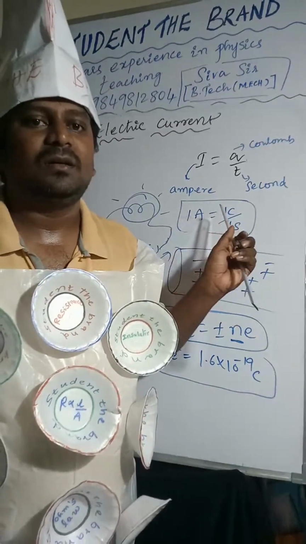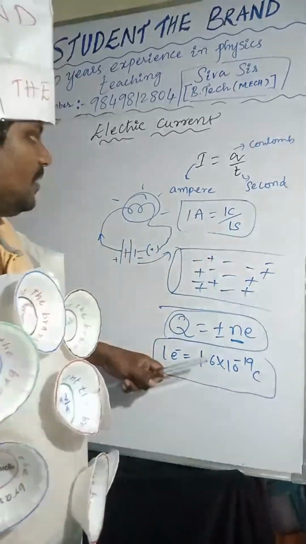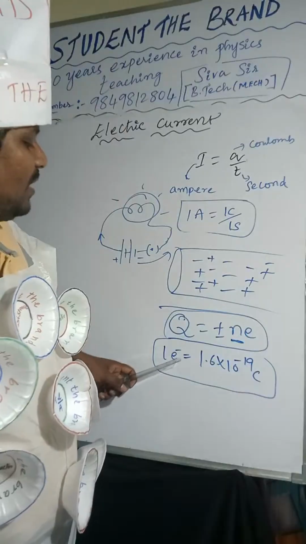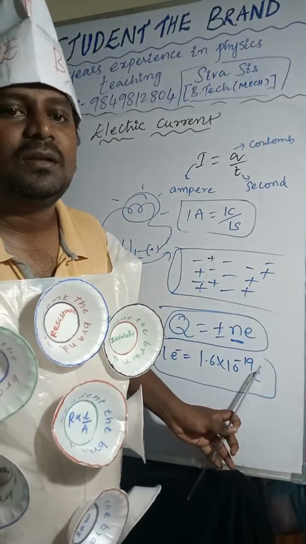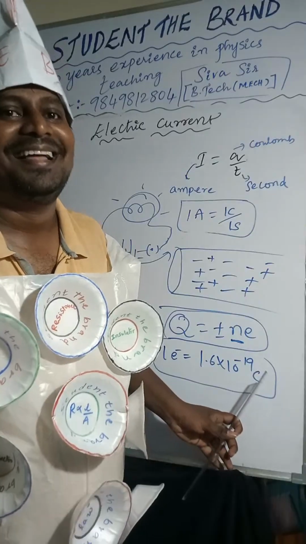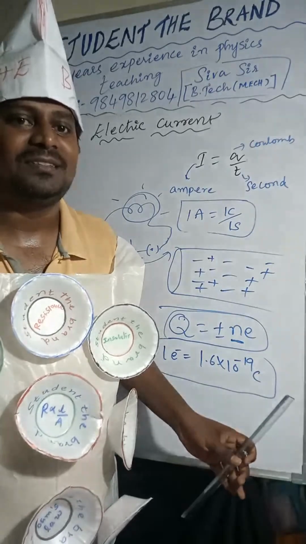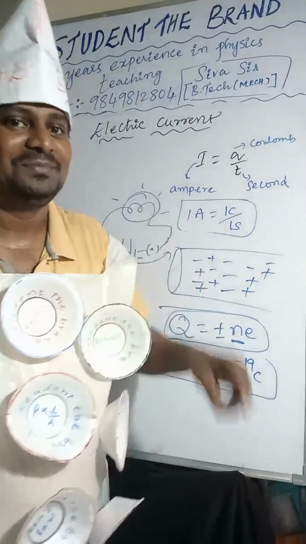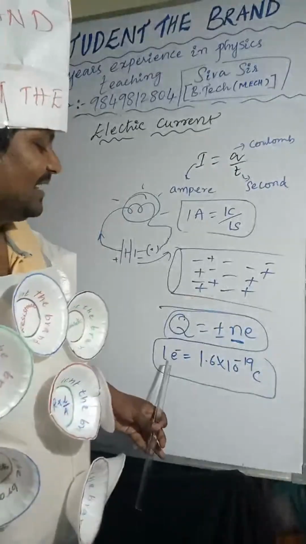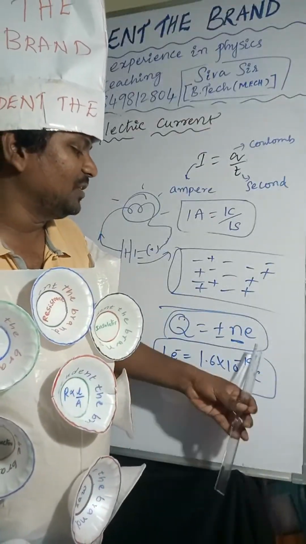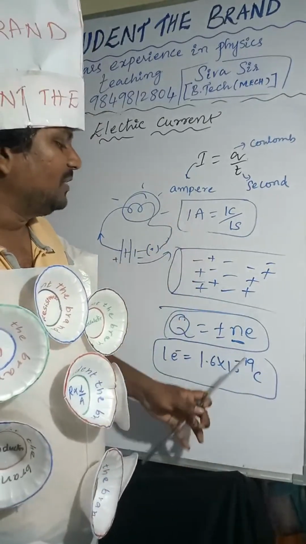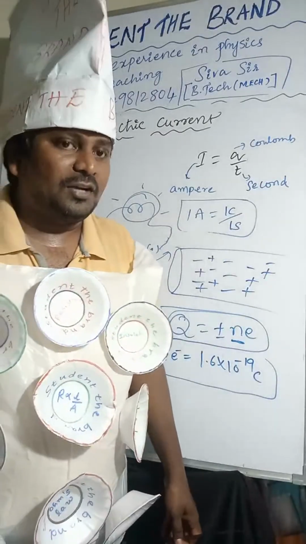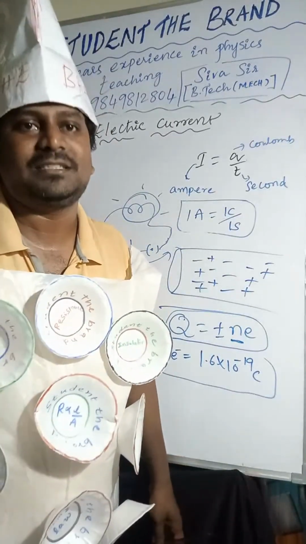So consider 1 electron equal to 1.6 into 10 power minus 19 coulomb. That is the electron charge I am considering here. This point is very, very important. You must remember this point.